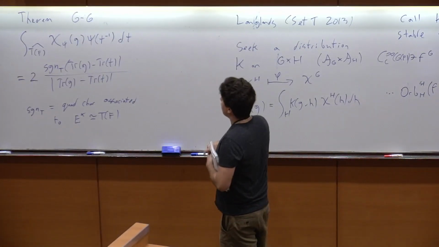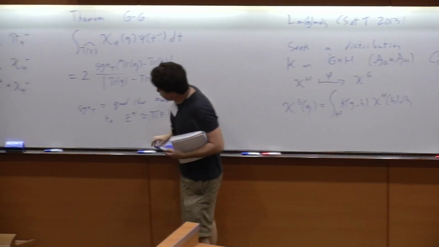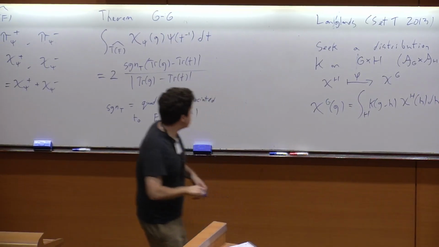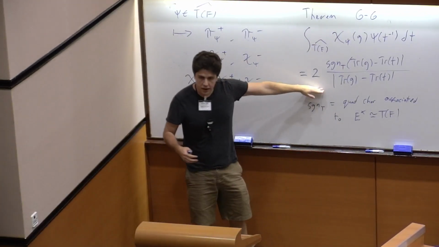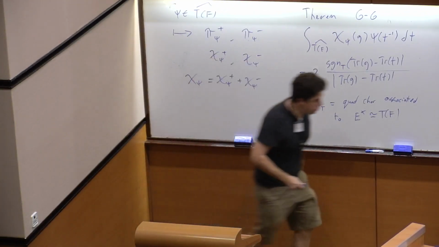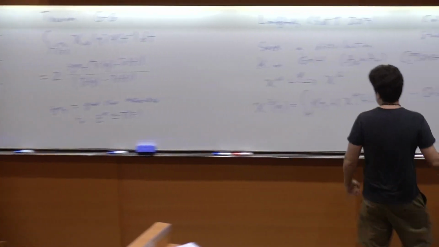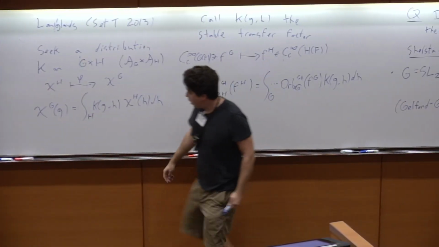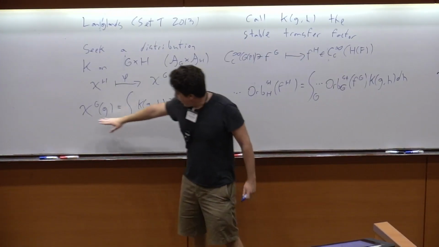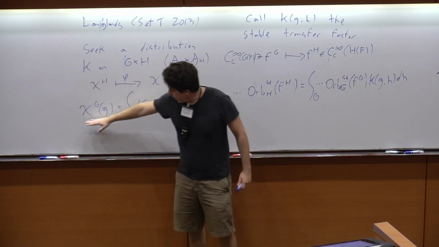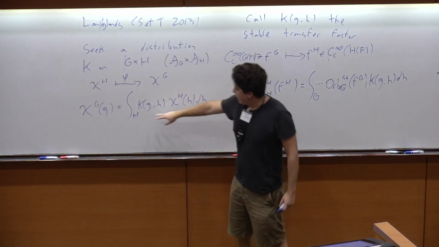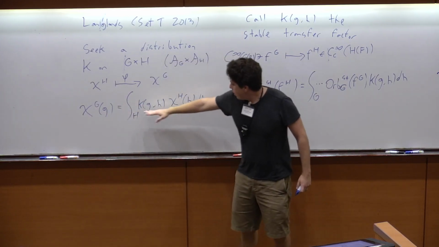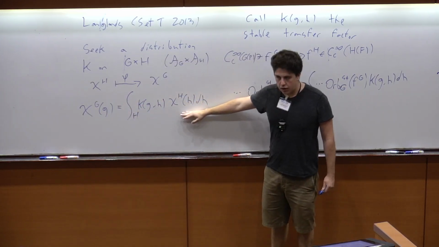Okay, but note that this is exactly what we want in this particular case. In the case of SL2, this is our stable transfer factor. Why? Well, luckily I still have this integral written up. We want to say the character of the representation on G looks like the integral over T of this distribution times the character.